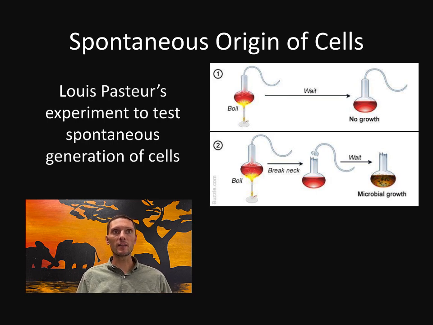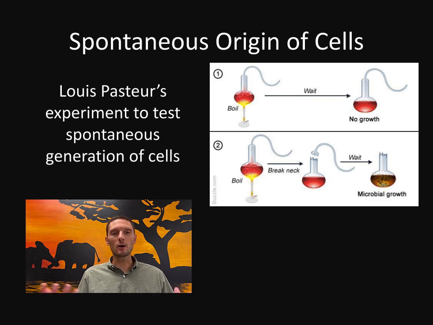And in one of the containers, he just left it as it was. In another, after boiling, he broke off the swan neck so that the broth itself was exposed to particles in the air. And after leaving them for a period of time, he found that bacteria was growing in the beaker that had the neck broken off, and the beaker that did not have the neck broken off had no life.